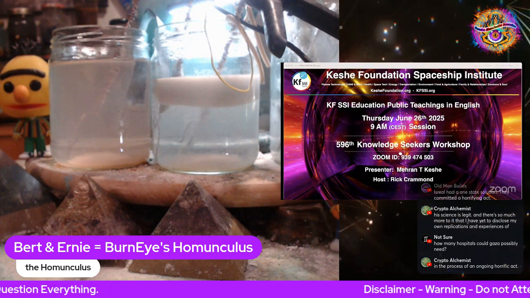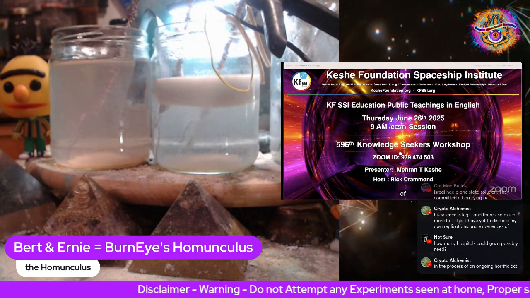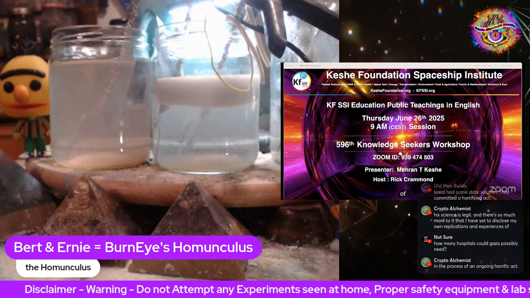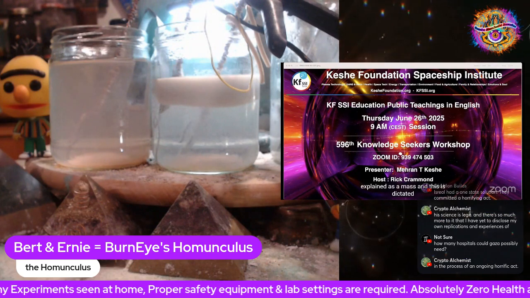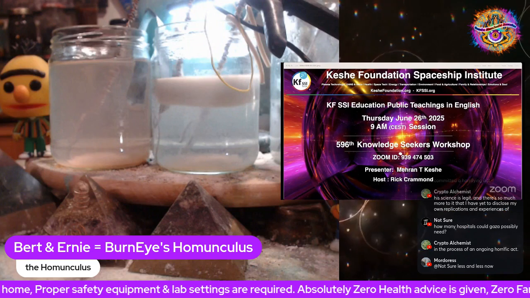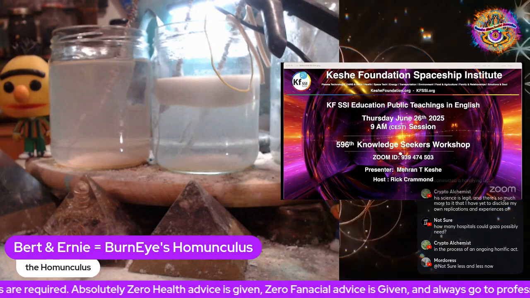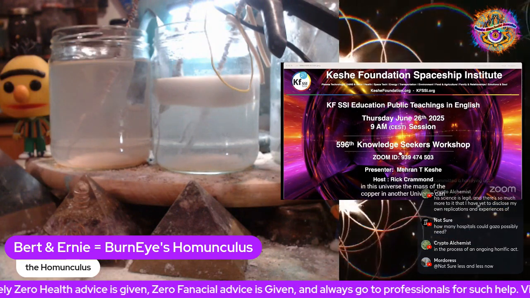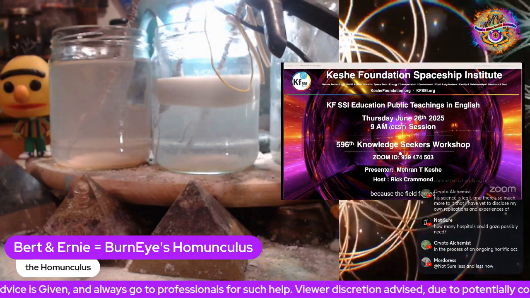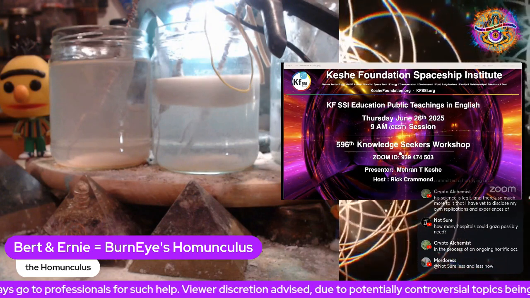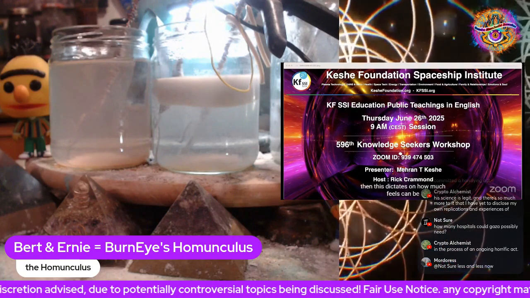The mass of the elements, which is the balance of the gravitational magnetic fields of given strength and the amount of field, is explained as mass. And this is dictated by the central point of the universe, in this universe. The mass of copper in another universe can be totally different, because the field forces dictate how much field there can be.